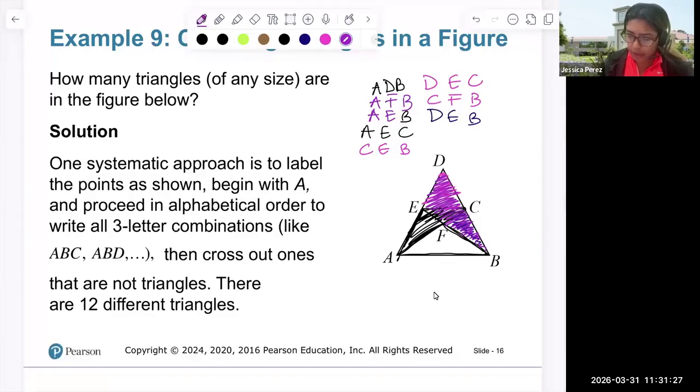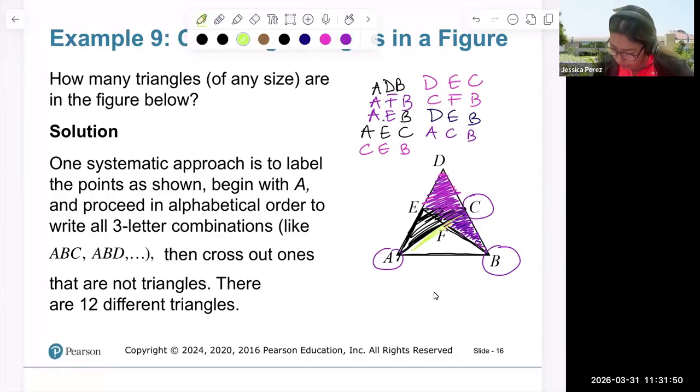So we have 1, 2, 3, 4, 5, 6, 7, 8. And then we can also have the triangle ACB right here. So that's ACB, which is this one.